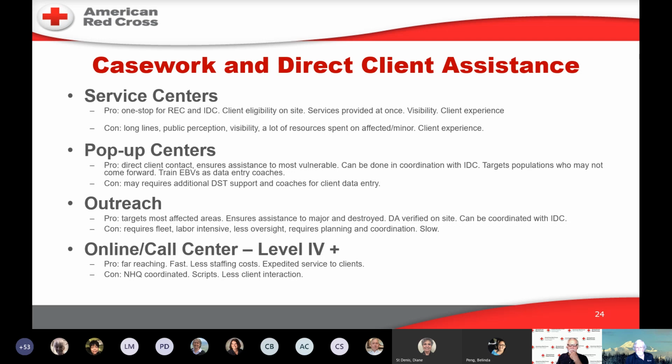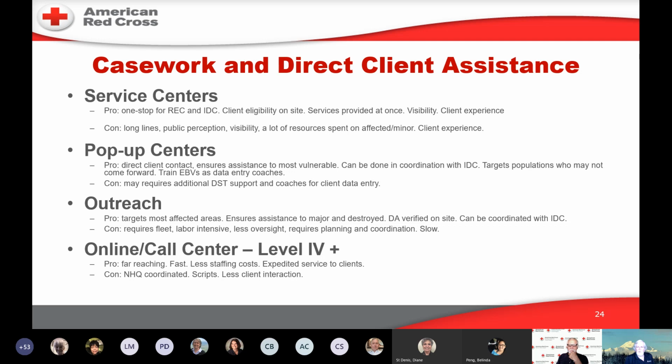Outreach is normally to targeted areas. Very often it is what we would call even a hot shot. We are sending people out to an area. They are taking a look at the property. They are determining whether that property is major or destroyed.